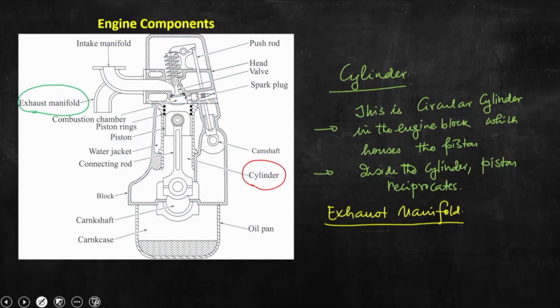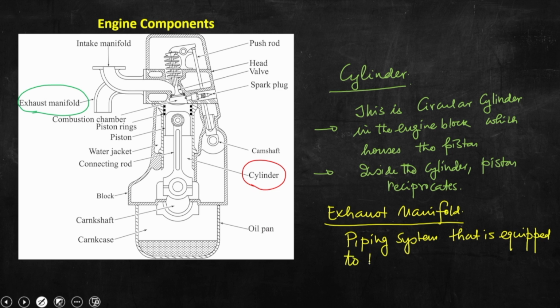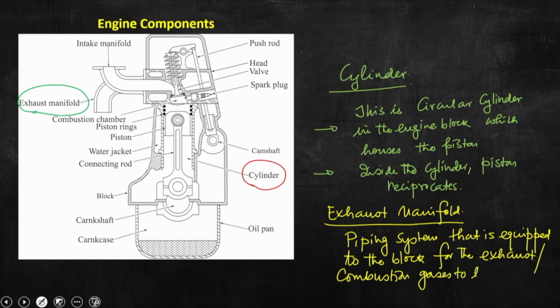So, if we write now here, exhaust manifold, that is a piping system equipped to the block for the exhaust gases to leave from the cylinder.